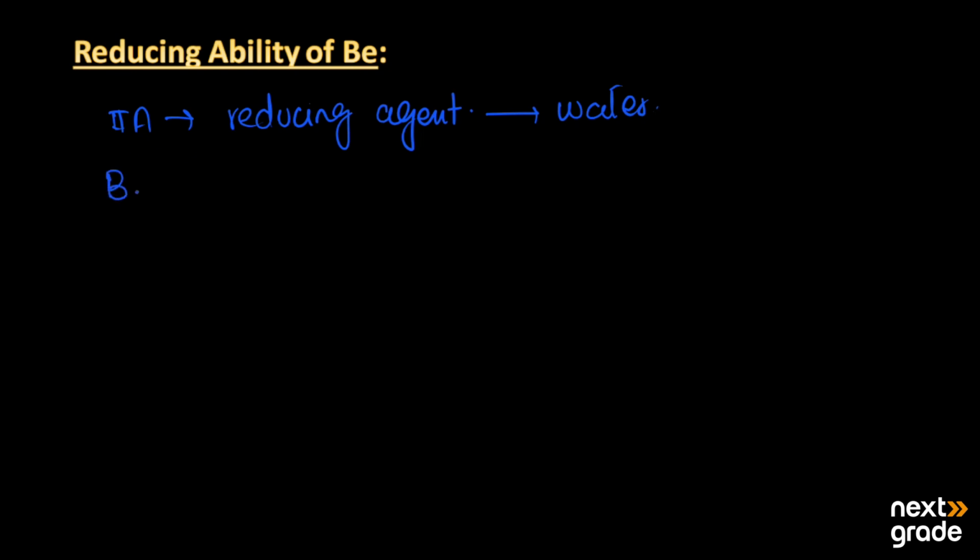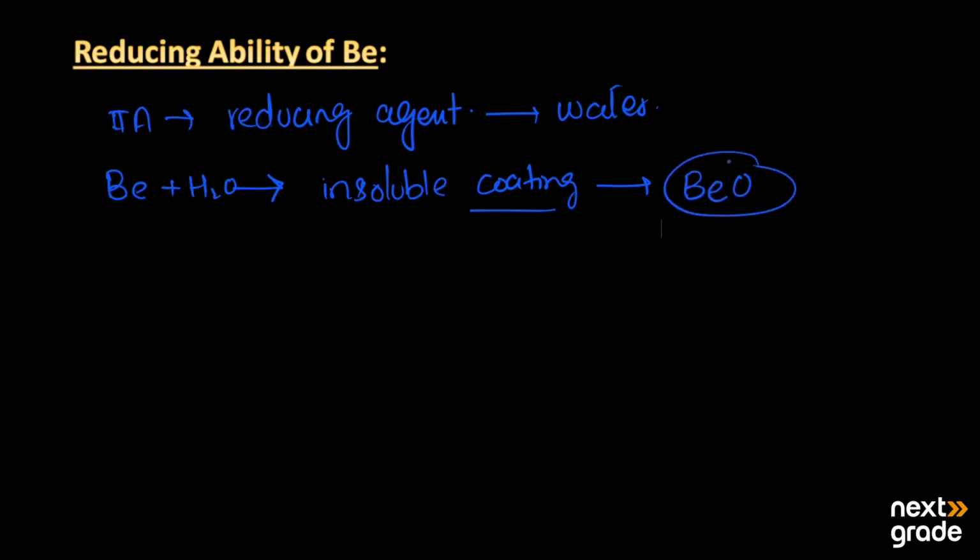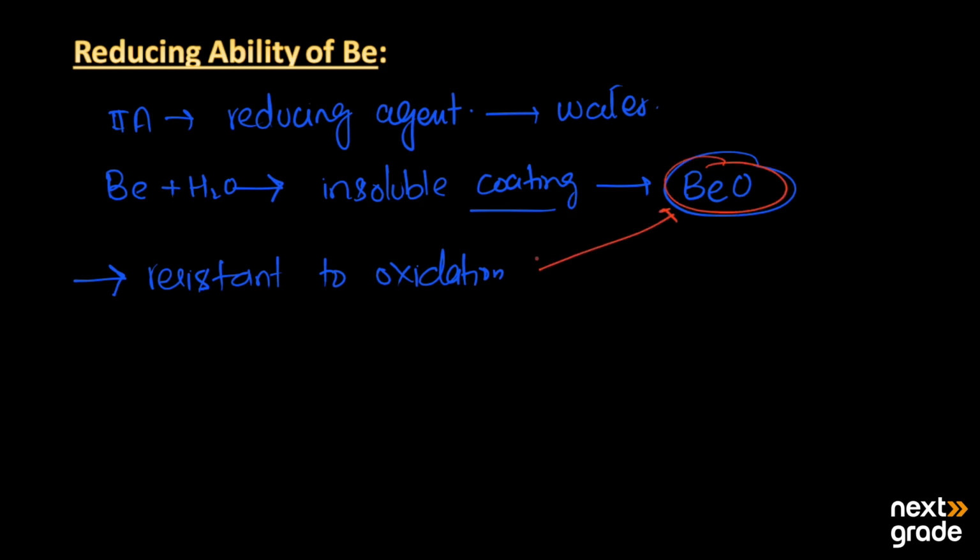However, when beryllium reacts with water, it forms an insoluble coating, and this coating protects it further as beryllium oxide. So beryllium is also quite resistant towards complete oxidation. Even by acids, it is resistant to oxidation because of this strong coating formed over it.